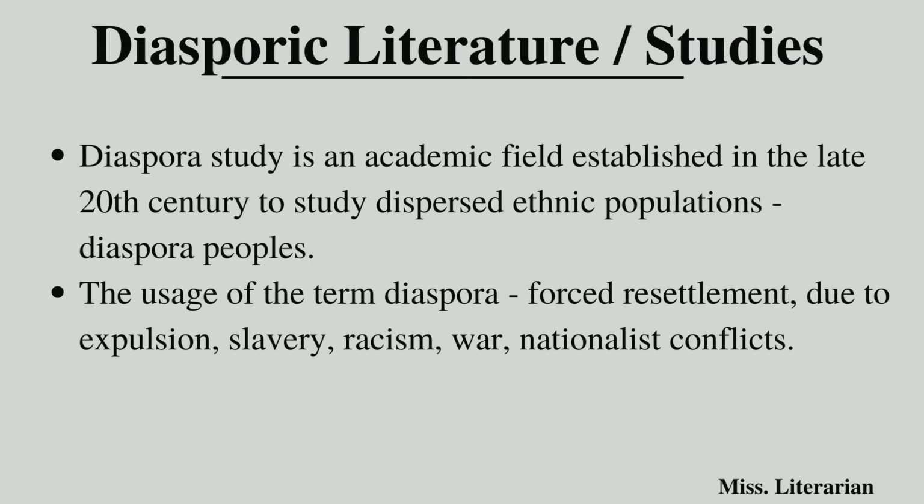Now let us see about diasporic literature or diaspora studies. Diasporic literature is an academic field which was established in the late 20th century in order to study dispersed ethnic populations which are often termed diaspora peoples.